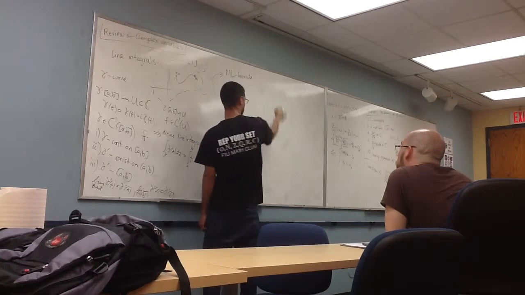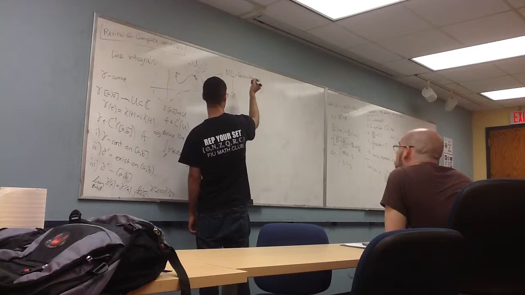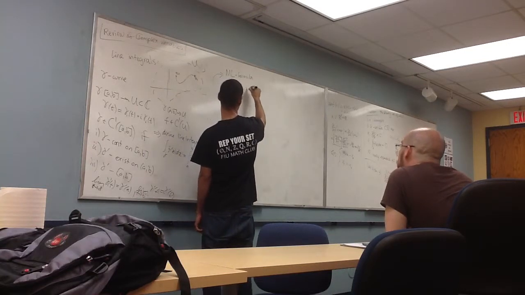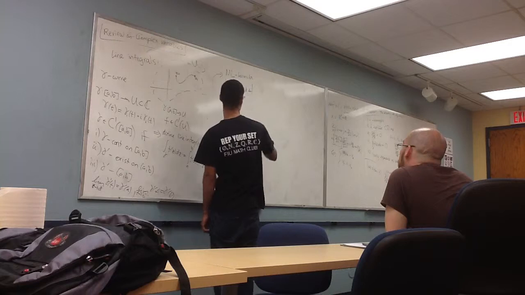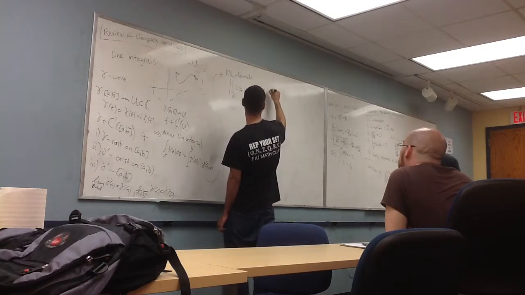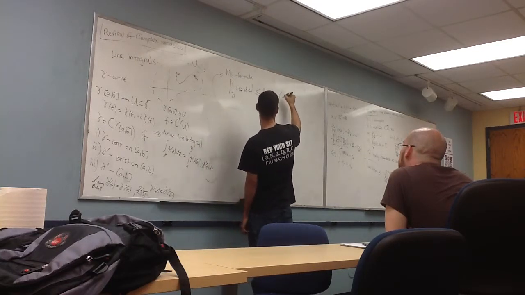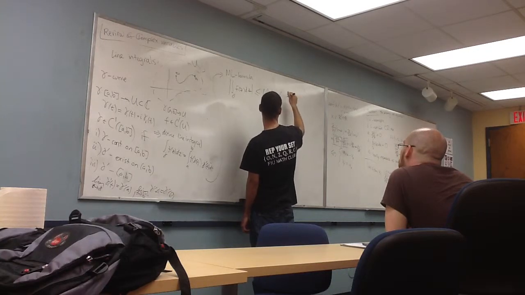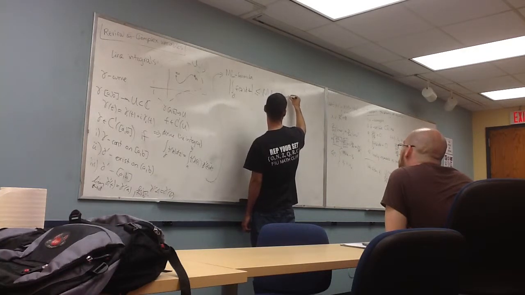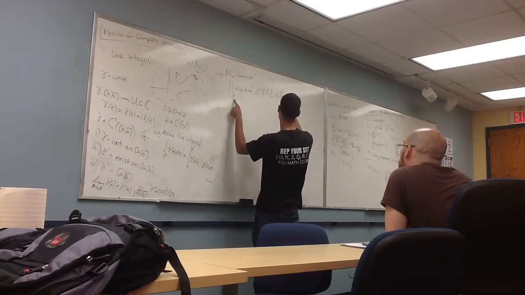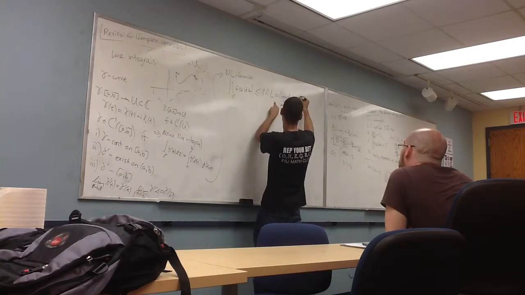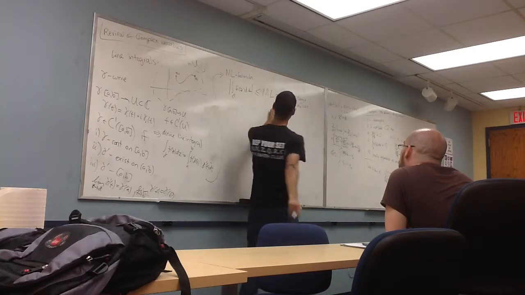The ML formula for line integrals: the absolute value of the integral around any curve of f of z dz is less than or equal to ML, where M is a bound on f along the curve gamma, and L is the length of the curve. It's called the ML formula.